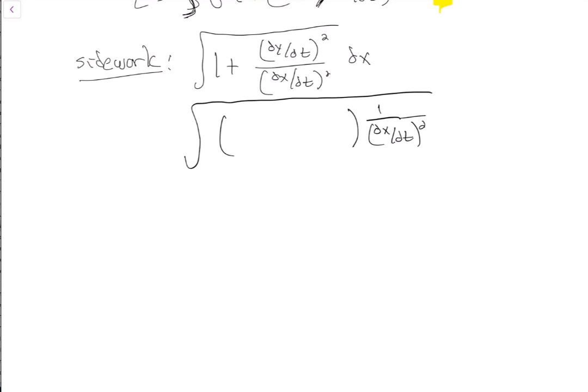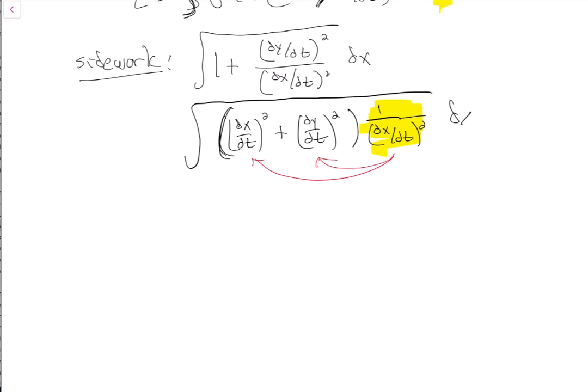When I do that, what that gives me is a dx/dt from my 1, and then a dy/dt from the derivative. And if you think about this for a moment, if I take this expression and I distribute it back in, it goes back into the denominator, and when I distribute it in here, I get (dx/dt)^2 divided by (dx/dt)^2, and that's just 1. So that was some legitimate algebra that we dealt with there.